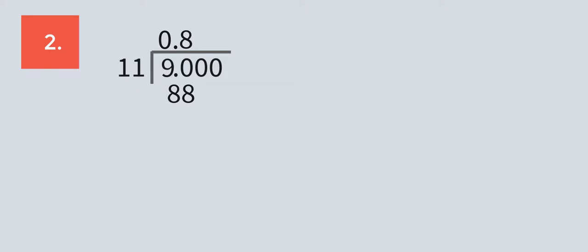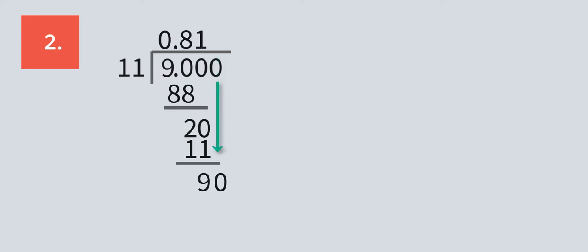9/11, we follow the same process. First write out the division problem, 9, go ahead and write some zeros, divided by 11. How many times will 11 go into 90? That would be 8, because we know that's going to be 88. Subtract, we get 2, bring down your 0. How many times will 11 go into 20? That's just one time, because 11 times 2 is too much. 20 minus 11 is going to be 9.